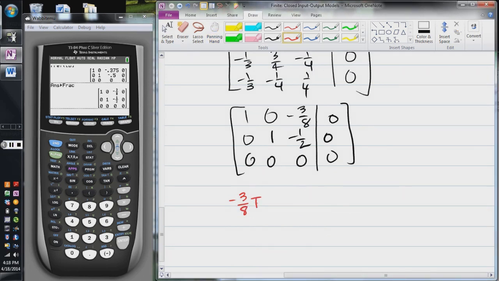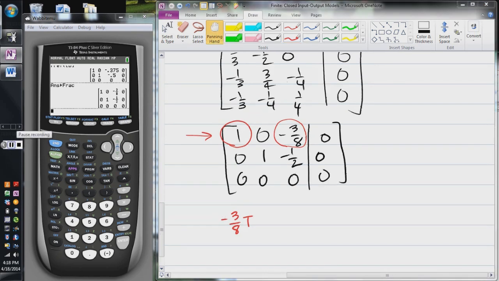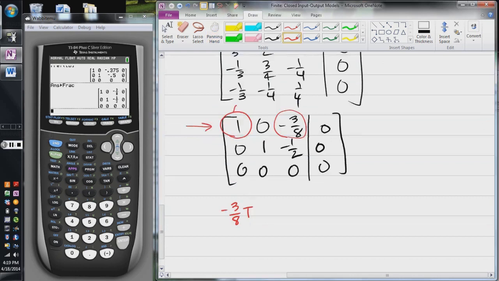The first column represented agriculture, manufacturing, and transportation. So from this first line, 1 unit of agriculture minus 3/8 units of transportation is equivalent to 0. Or I could think that 1 unit of agriculture is equivalent to 3/8 units of transportation.